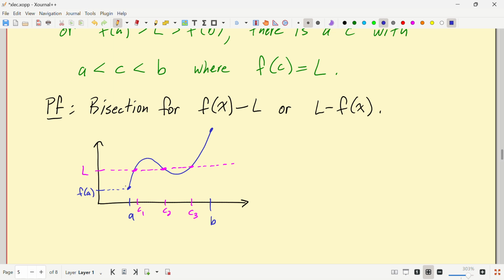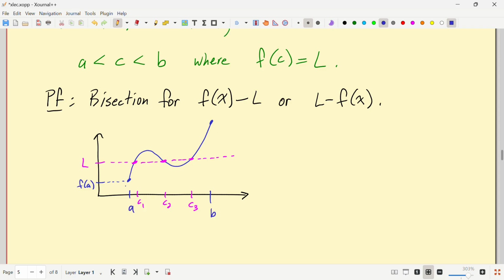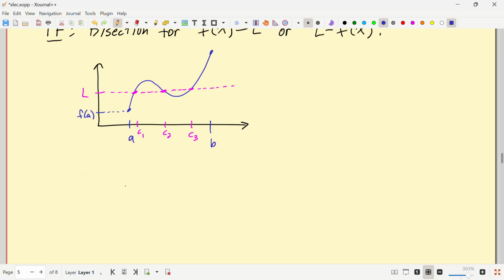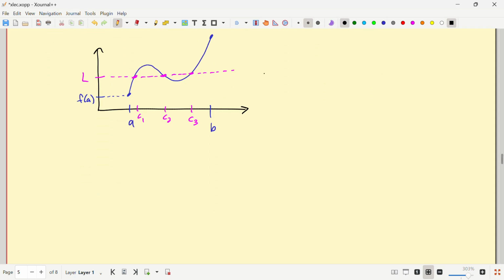And now it's a natural thing to do to take the max and the min points, and then you realize everything between the max and the min gets hit. So here's an idea.